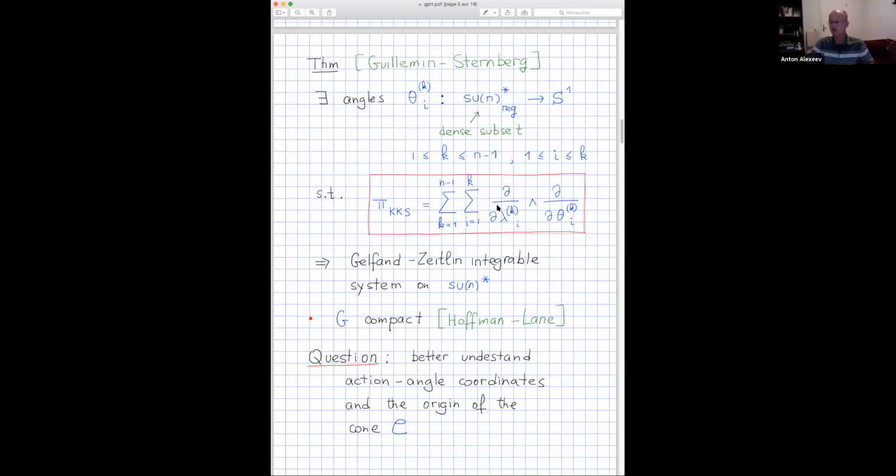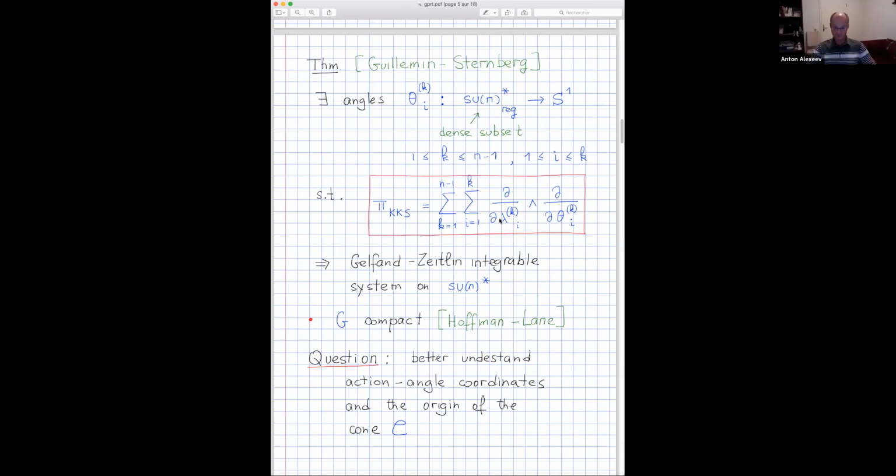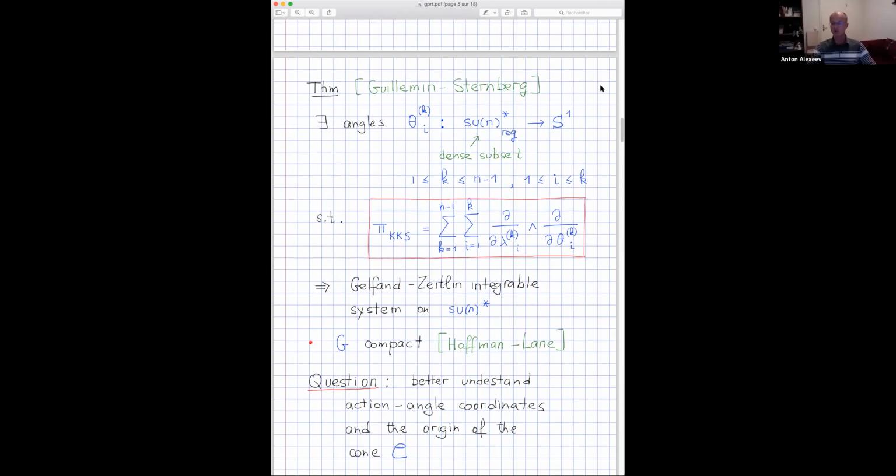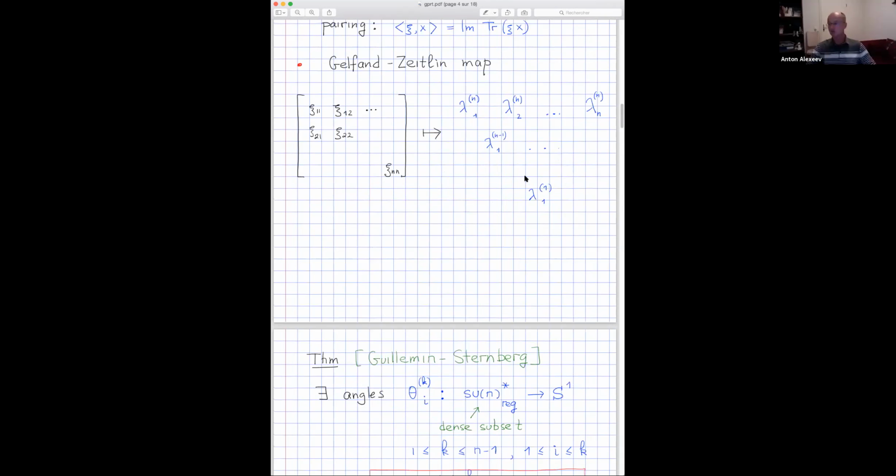We have some linear bracket, and now we find variables in such a way that it becomes constant. And maybe it's interesting that on top of it, we are getting those inequalities, this triangular tableau for the action variables.